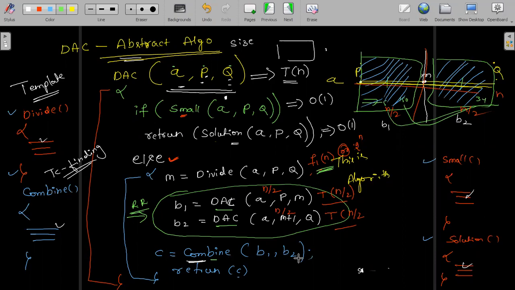So we have created one function here, which is called the combine function. This one I am going to call f2 of n. Understood everybody? After understanding this very clearly, everybody observe here, see this.